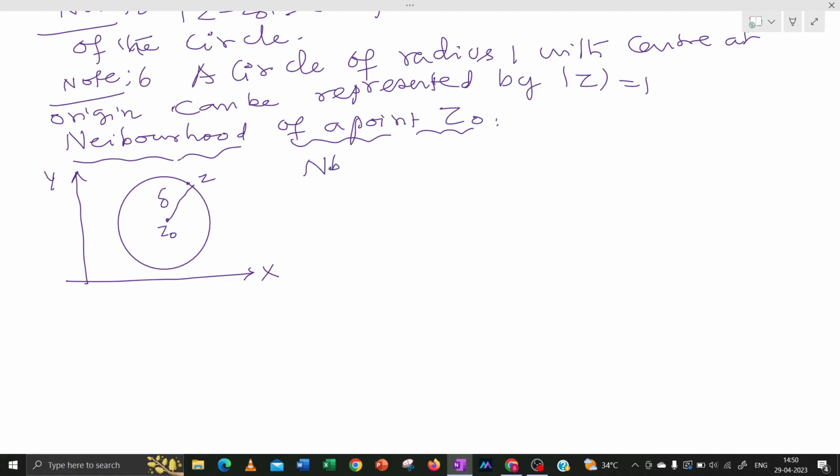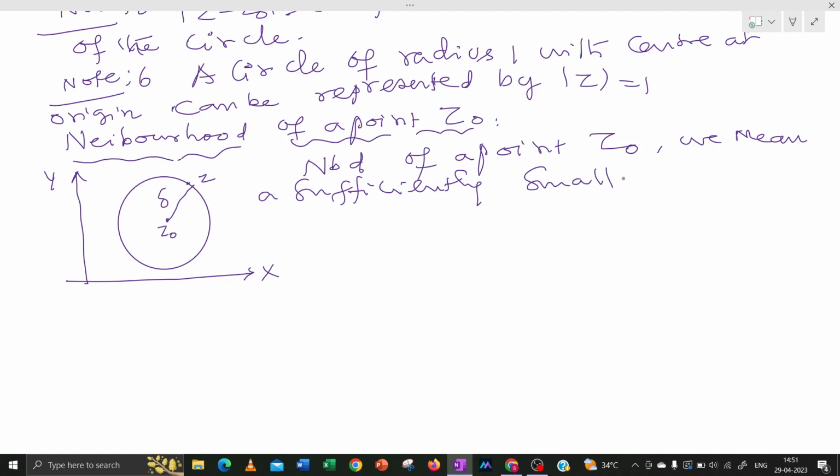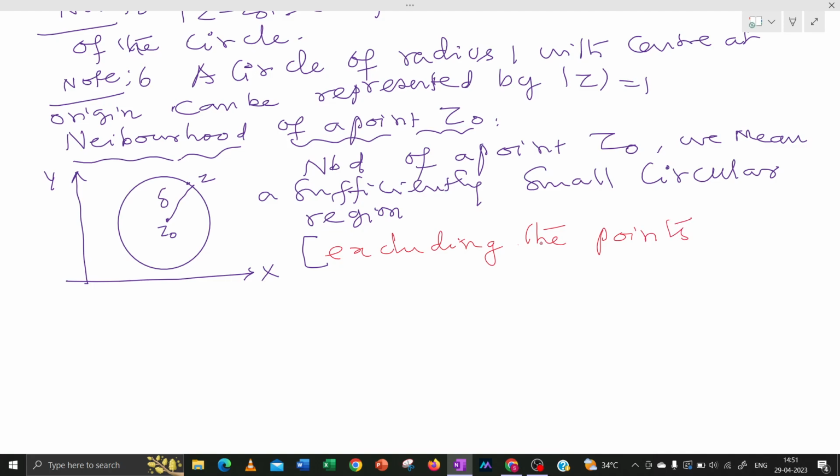No need to write neighborhood every time; we can just write NBD. By a neighborhood of a point z naught, we mean a sufficiently small circular region, and here you need to note down that it excludes the points on the boundary.